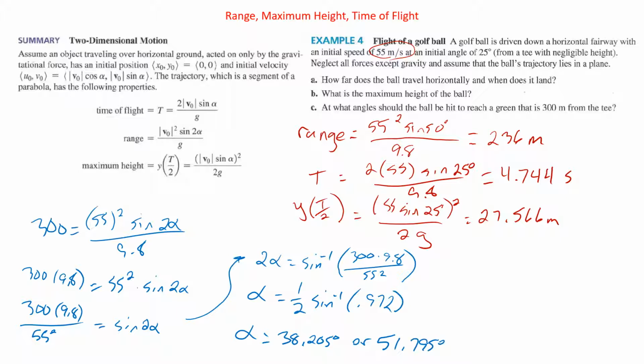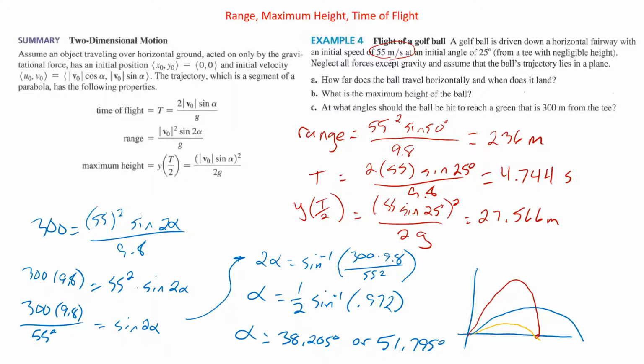51.795 degrees, because what'll happen is, if you want to get it here, it could go up and down, or it could go lower, where if you go in the middle, it's going to go further.